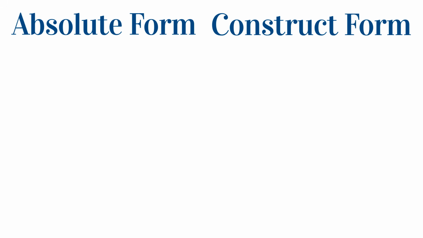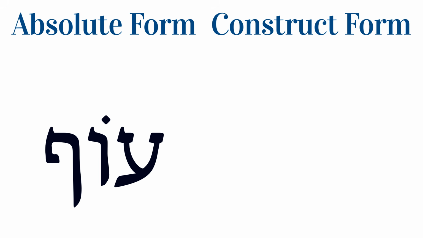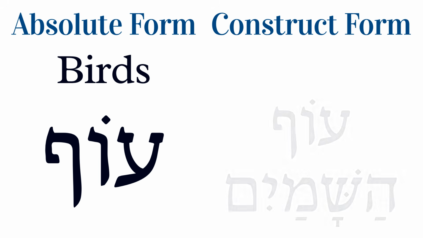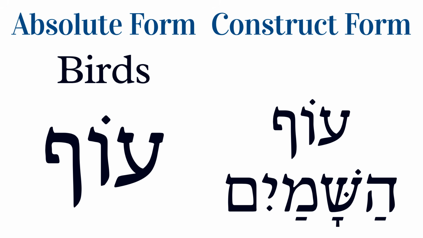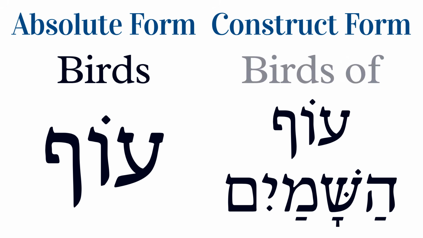With many words, the absolute form and the construct form are exactly the same. For example, of by itself in absolute form just means birds or fowl, but in of hashamayim, of is in construct form, birds of.